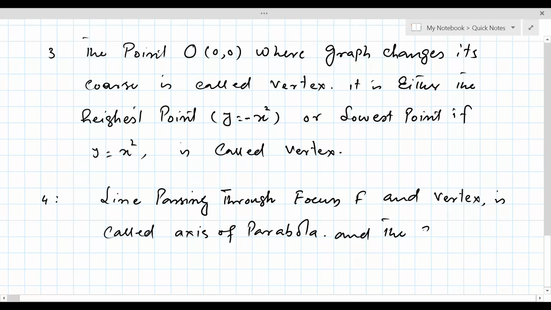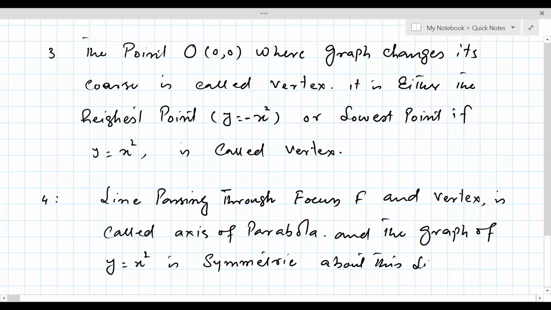The graph of y is equal to x squared is symmetric about this line. So here we have discussed vertex, focus, and the axis of symmetry, or axis of the parabola.